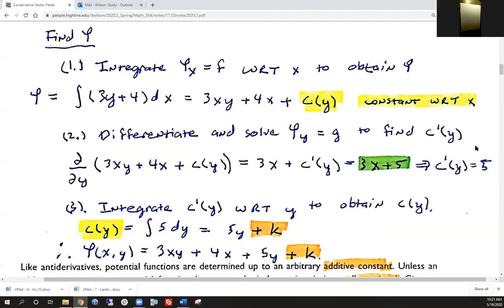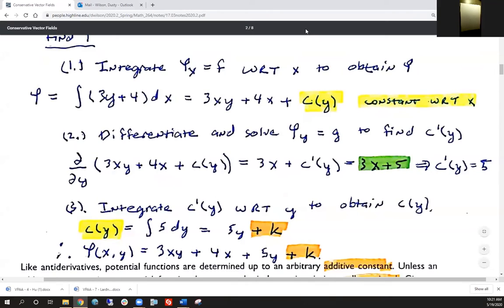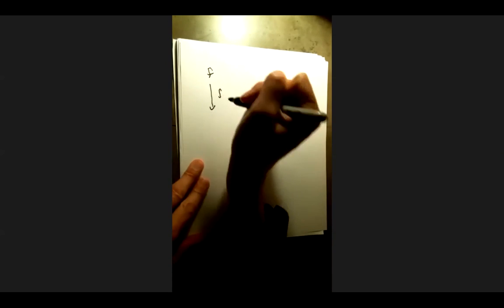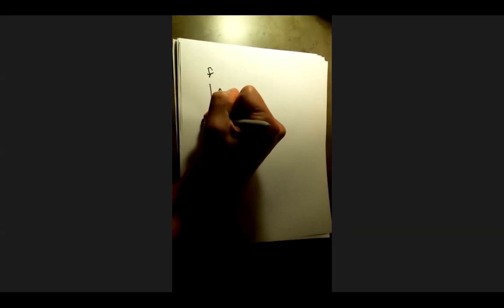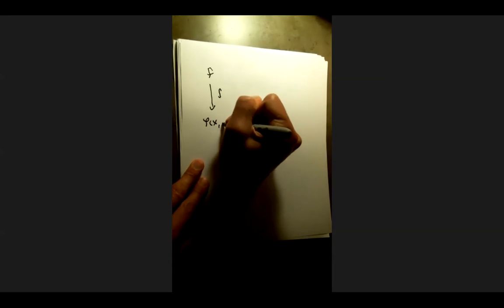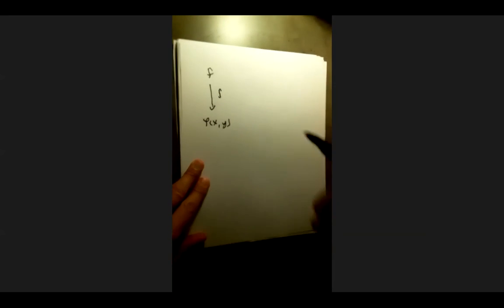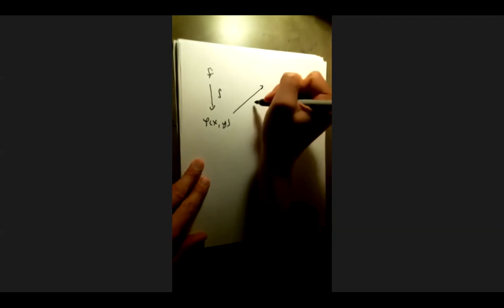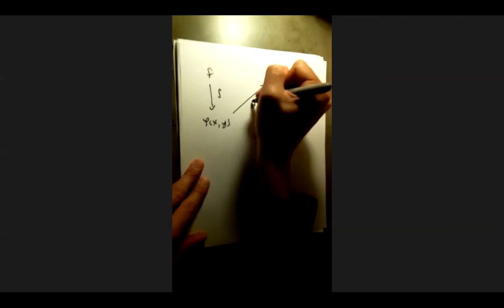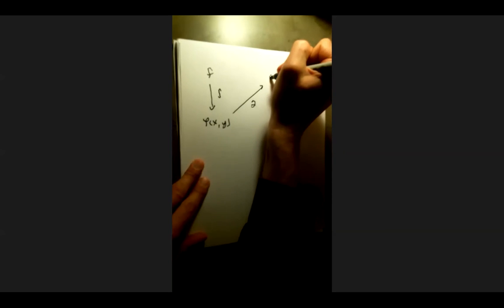Okay. I'm going to give you a step-by-step list version of the process, but let me just show you what happened in a picture form. So we started with little f, and then we integrated, and this found us our first version of phi. And then we differentiated, and we compared to g.